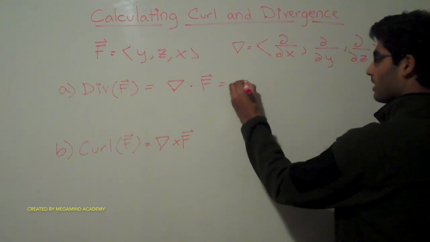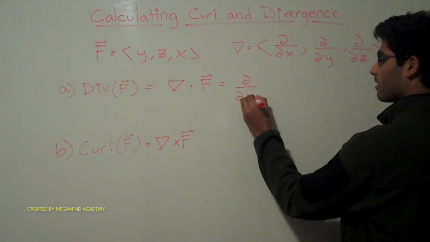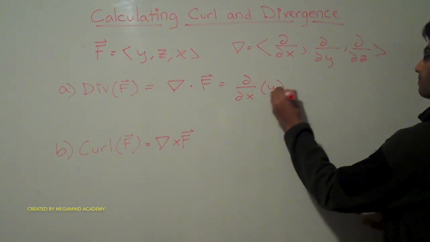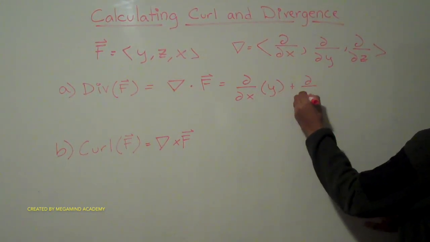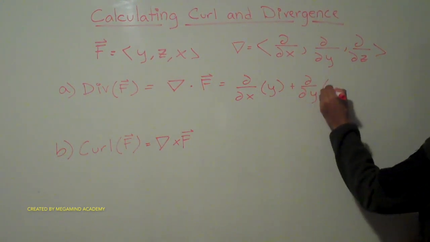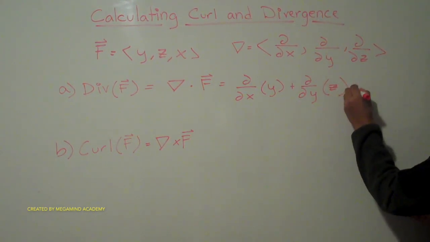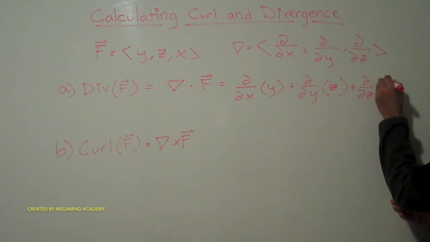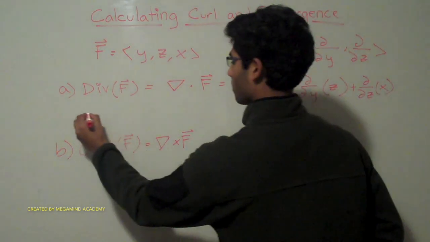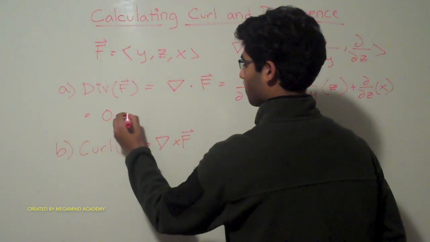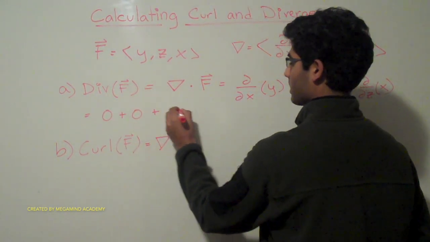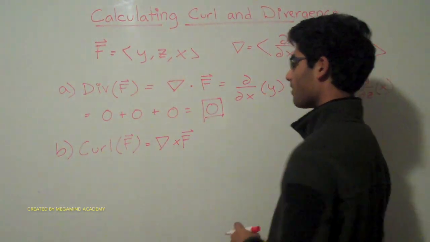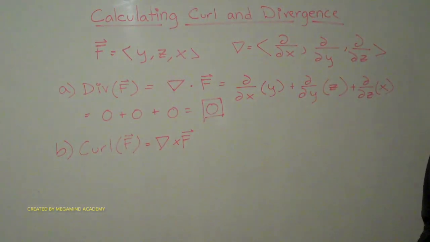It's going to be d dx, the derivative with respect to x of y, plus the derivative with respect to y of z, plus the derivative with respect to z of x, which is equal to 0 plus 0 plus 0, which is equal to 0. So the divergence of f is equal to 0.